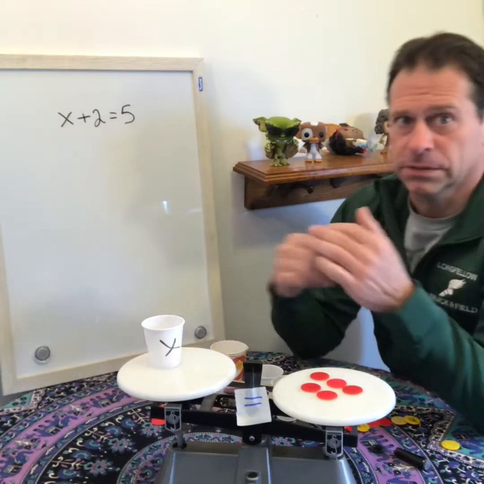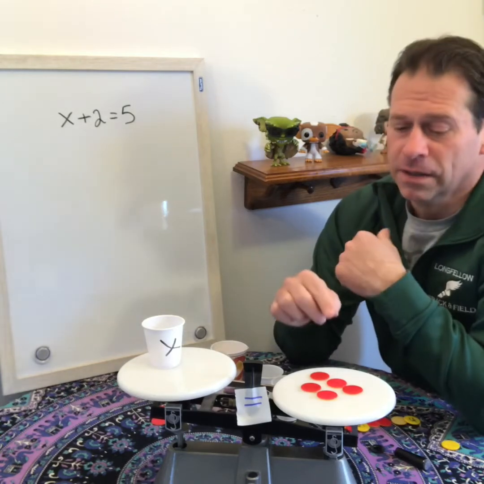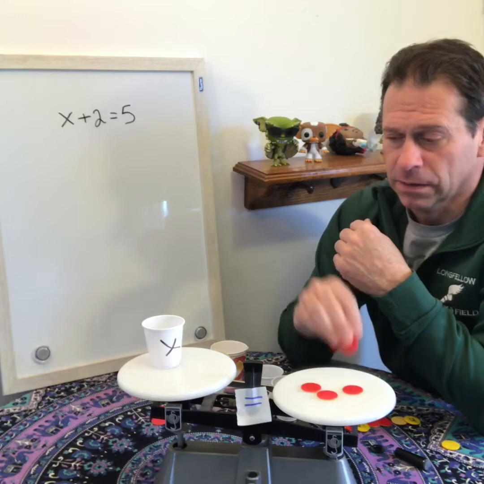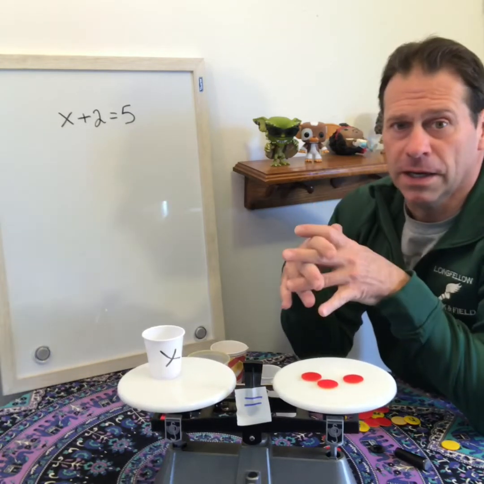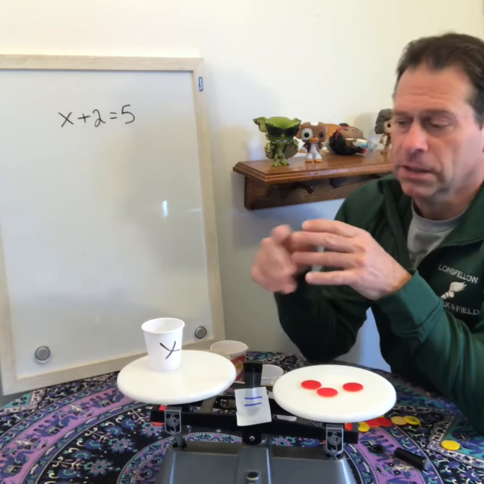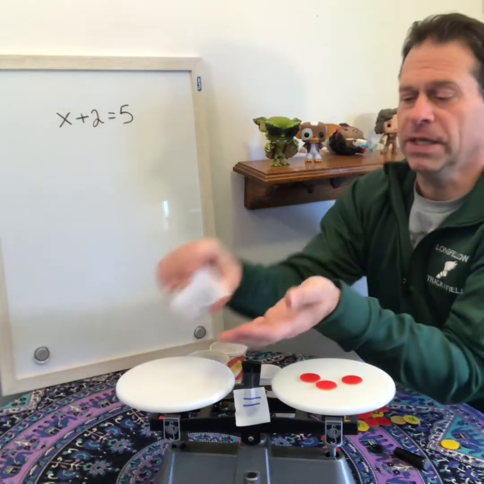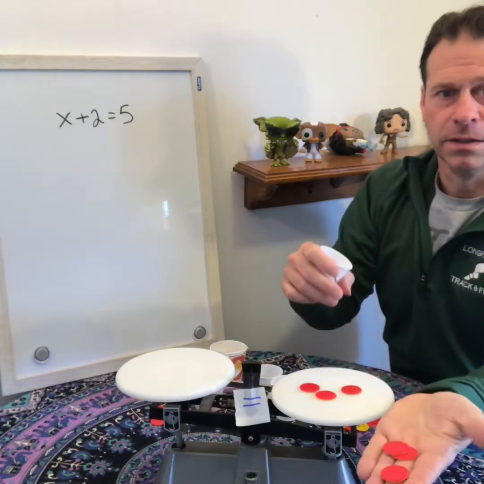I'm out of balance. So if I take 2 away from this side, to keep it in balance, I better take 2 away from this side. And now I'm in balance. So x equals 3. So that means there would be 3 in the x.